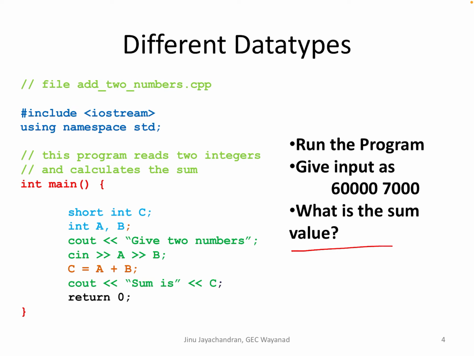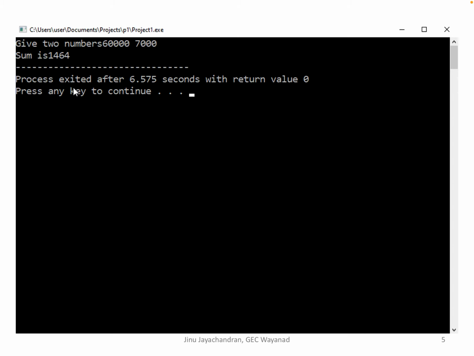So when you run this program, this is actually 16 bits, you can see that the value at the output C is not 67,000. Okay, you can try it at home. So this is an example. You give the two numbers 6,000 and 7,000.